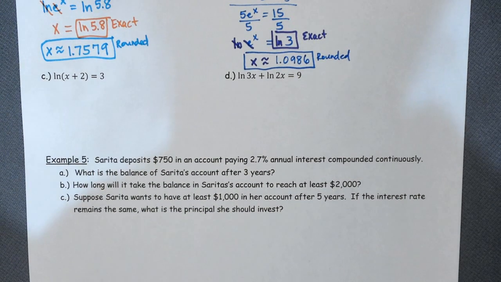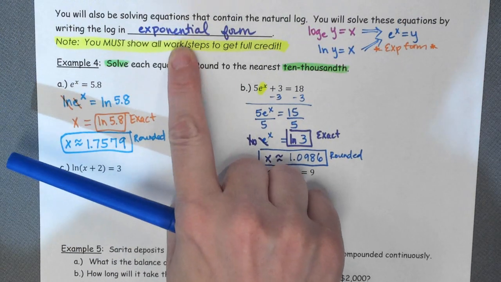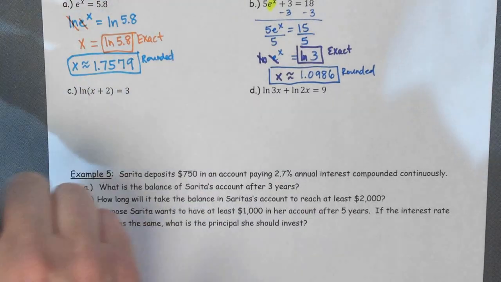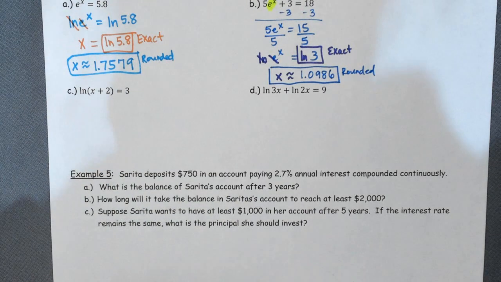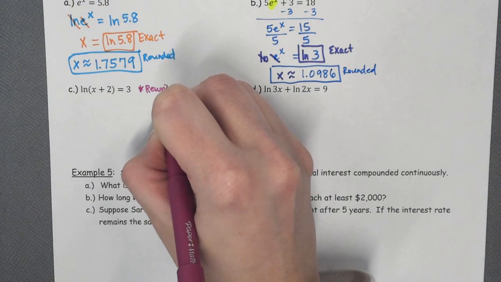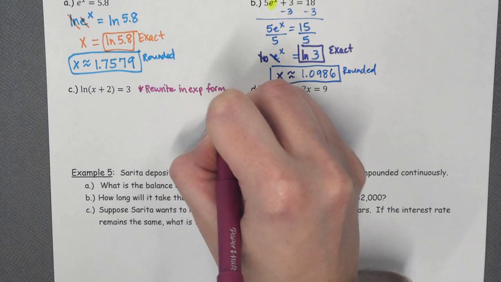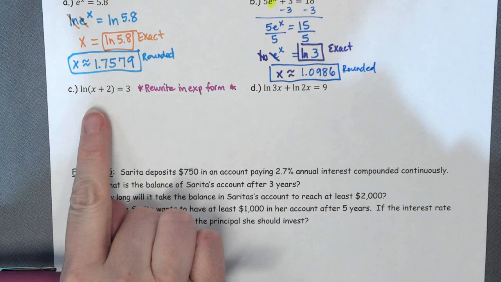Okay, now when we are trying to solve and you have the natural log, that's when you have to write it in exponential form. So that should be your first step. Rewrite in exponential form. Okay, and can you guys do that for me?